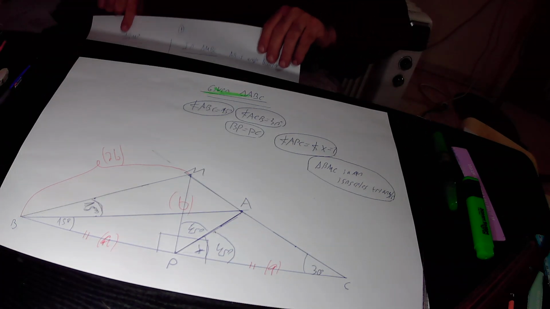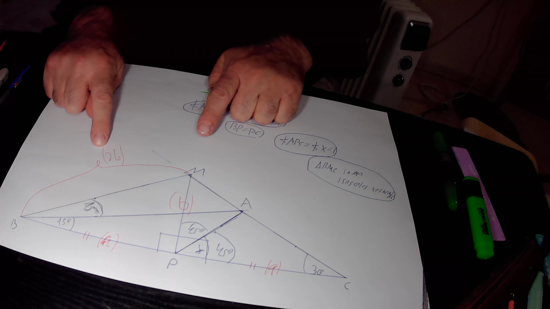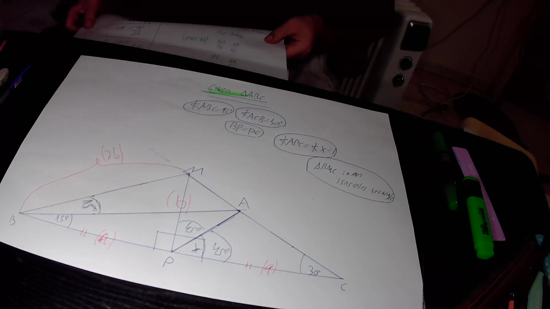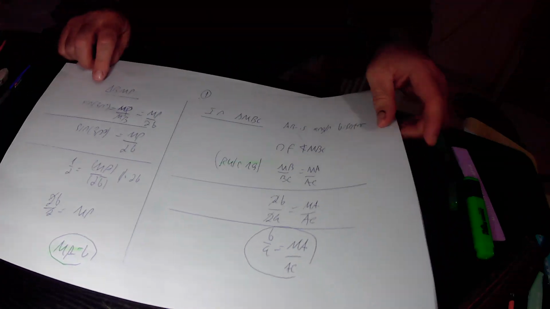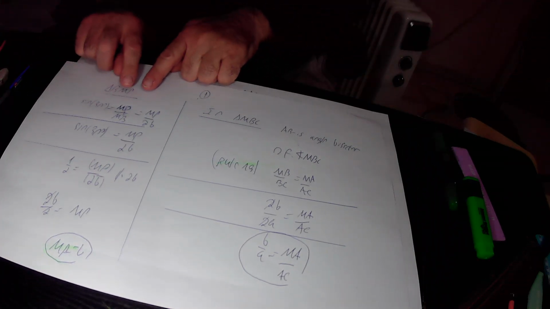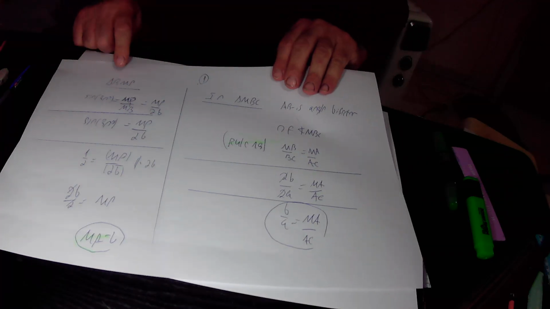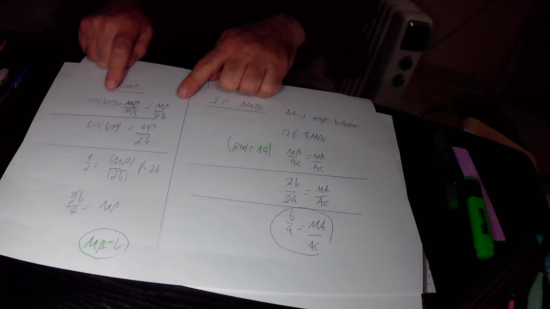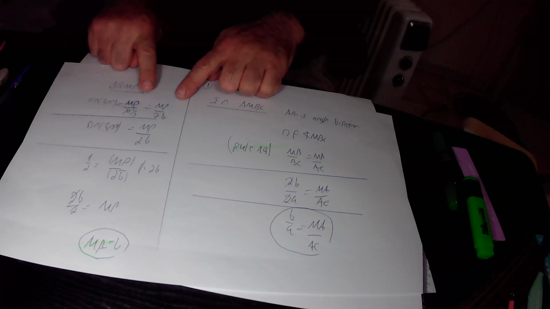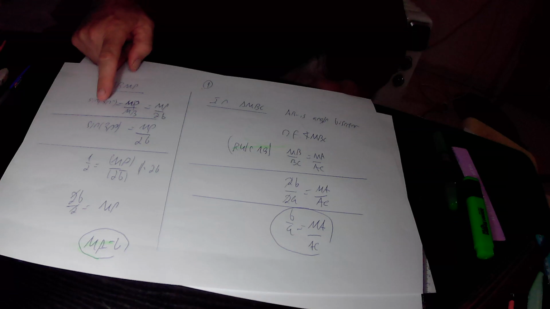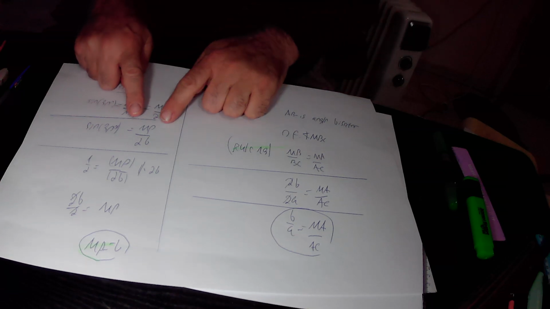We find the length of the hypotenuse MB as 2a. MB equals 2a according to our definition. So in total, we found that sin 30 degrees equals MP over 2a. Sin 30 degrees is 1 half. So 1 half equals MP over 2a.